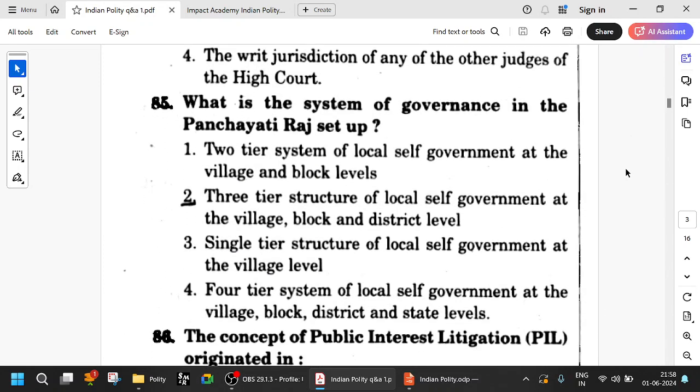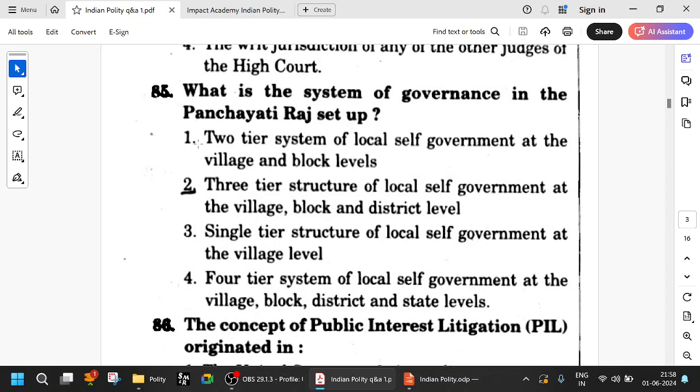So what is the system of governance? The Panchayati Raj setup. We have the Ashok Mehta committee, several committees. Let me show you briefly.